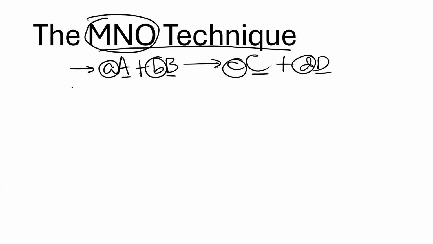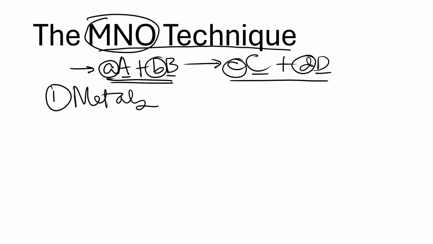What I found in my years of teaching is it works very well when balancing equations if you first balance the metals on the reactant and product side of the chemical equation. And then the next thing that you balance are the non-metals.